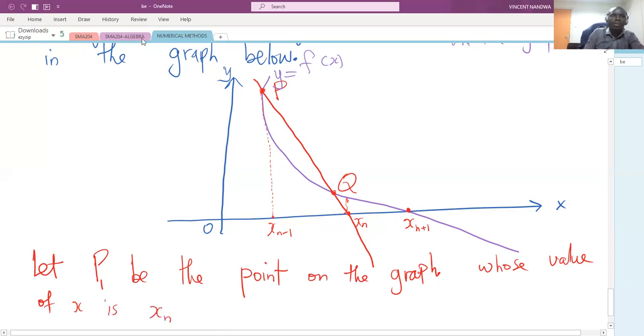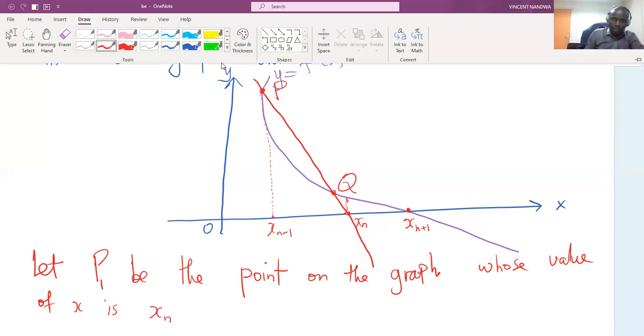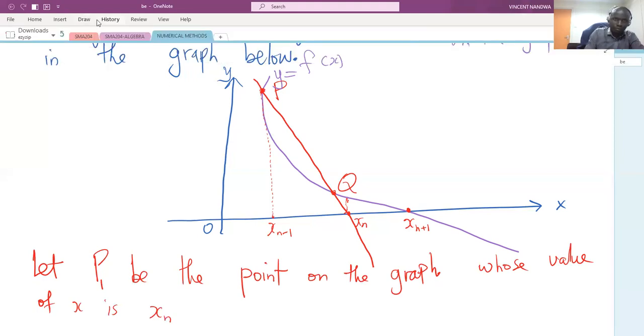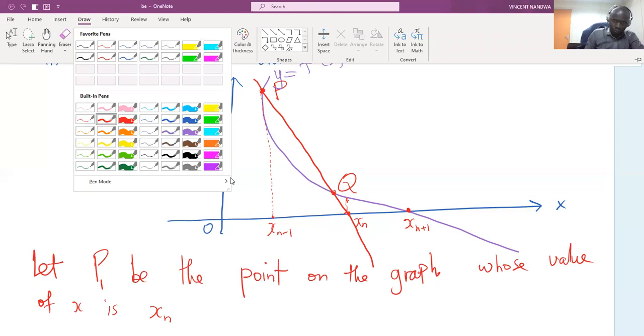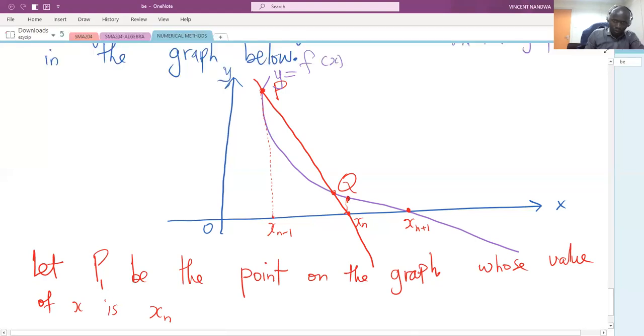So there's a point here, which we are calling P1, where when you draw a perpendicular from xn, you have P1.